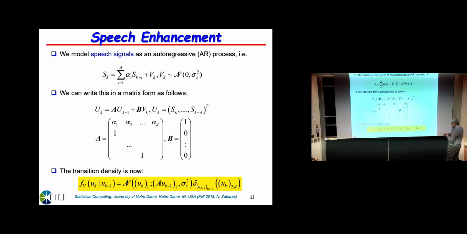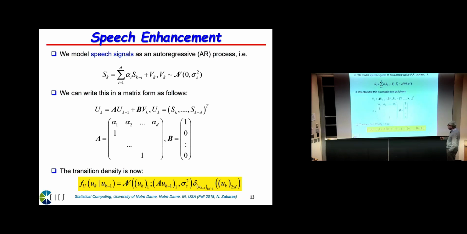So effectively, the states of u_{k-1} from 1 to d-1 are the same as the states of u_k from 2 to d. You don't update those. At each time, you update the next signal, and the other d-1 components you keep the same. So you put this delta function to write this in this manner.